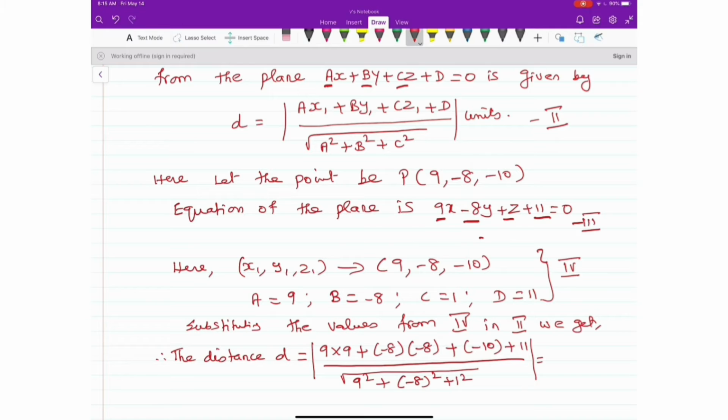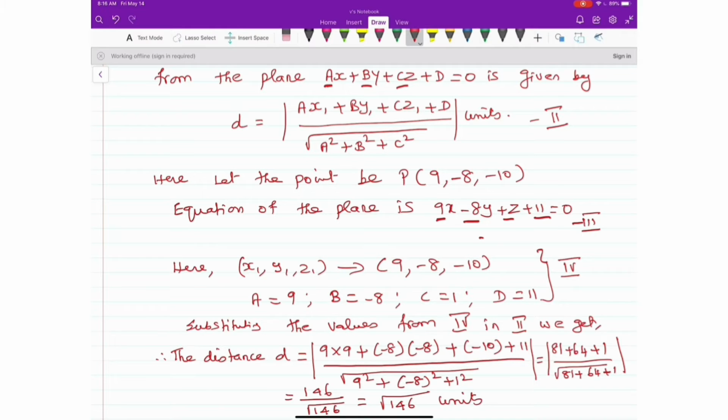When I simplify this, I will be getting 81 plus 64 plus 1 by square root of 81 plus 64 plus 1. This is nothing but 146 by square root of 146, which is square root of 146 units.